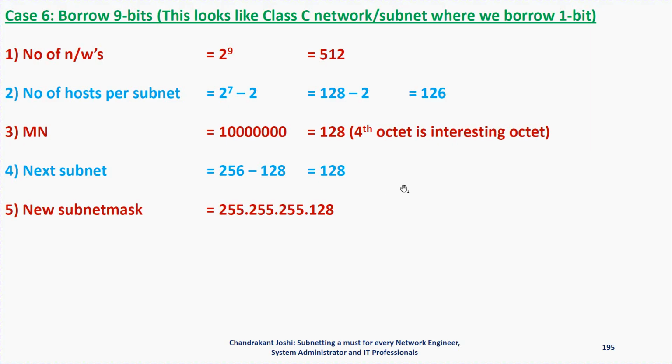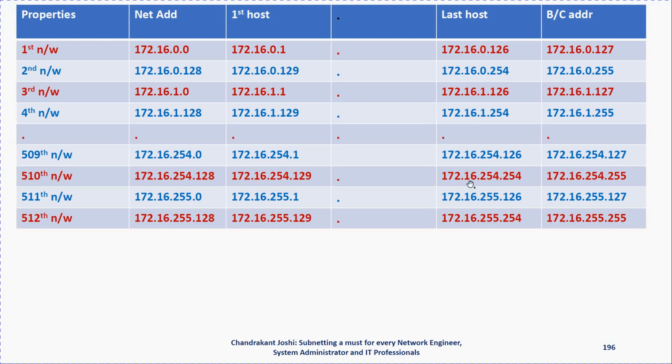Block size of 128 means in the zeros network we will have 0.0, 0.128. Then in the ones network 1.0, 1.128. So block size is 128: 0.0, 0.128, 1.0, 1.128. Likewise 255.0, 255.128.